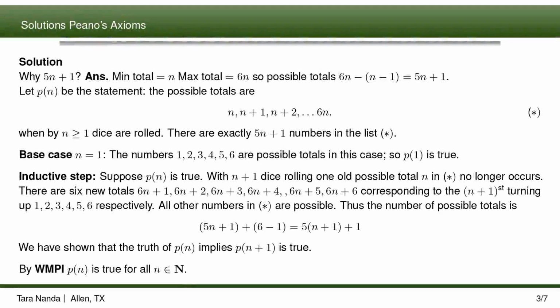So we have verified that under the assumption that Pn is true, then Pn plus 1 is also true. By the weak principle of mathematical induction, Pn is true for all natural numbers.